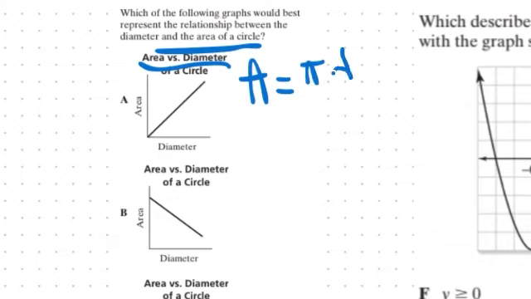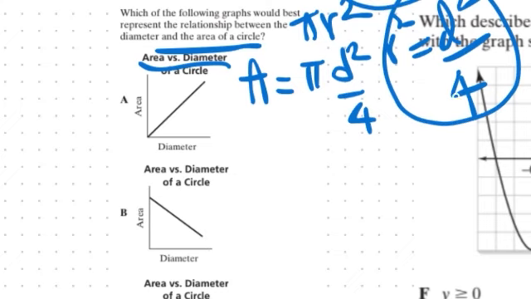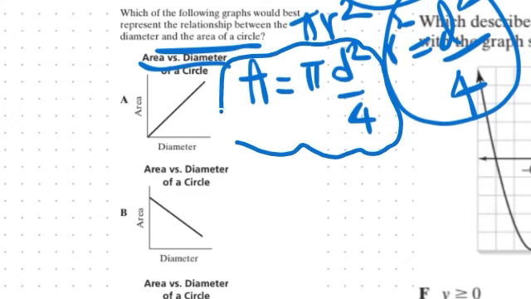Pi r square, so R is equal to d by 2. R square means d square upon 4. So area of a circle is pi d square upon 4.